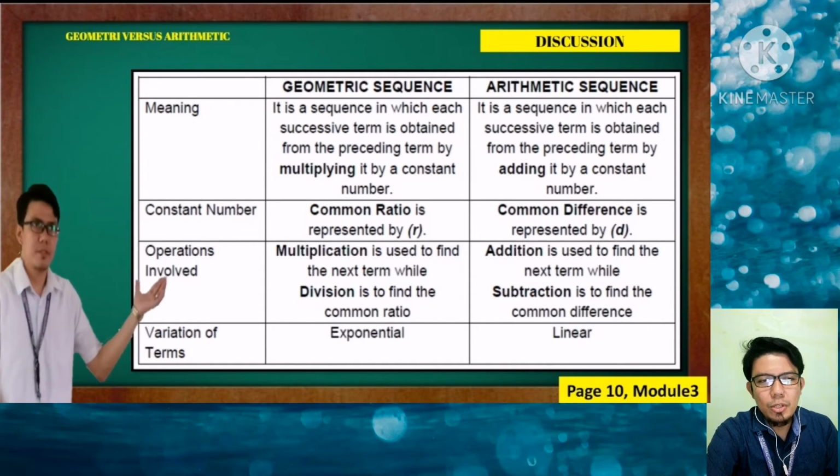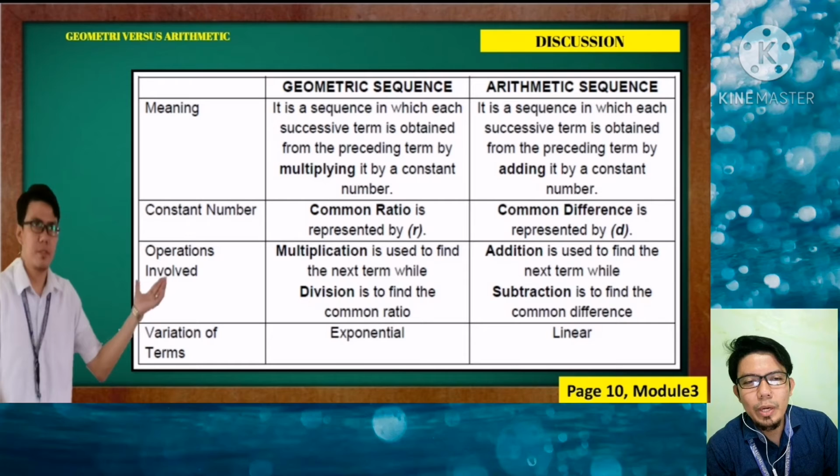Next, for operations involved, in arithmetic sequence, it's addition, which we use to find the next term. While in geometric sequence, we use multiplication to find the next term. Now, there is a special function of subtraction here.